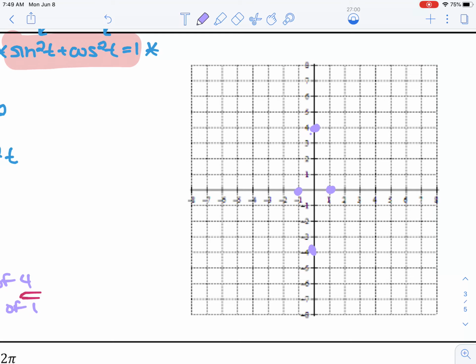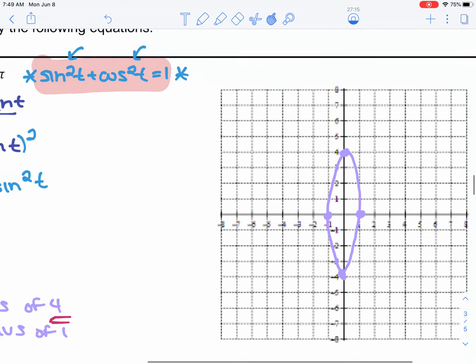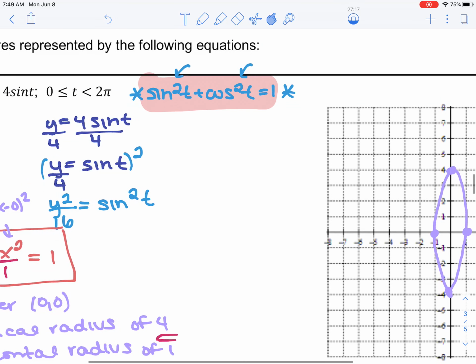And so I need to think about connecting these 4 points in the shape of an ellipse. And then we need to decide the direction in which we plotted these. Doing that will cause us to look at our t values. As t goes from 0 to 2 pi, what direction are we traversing?